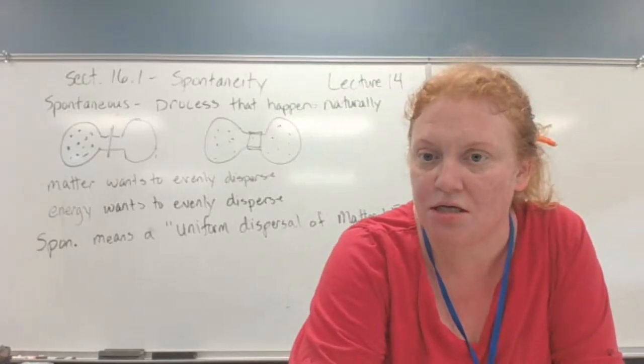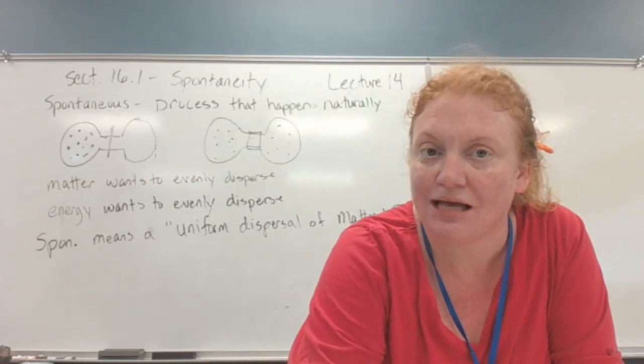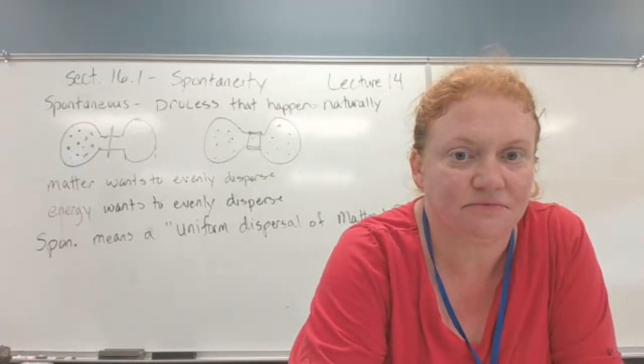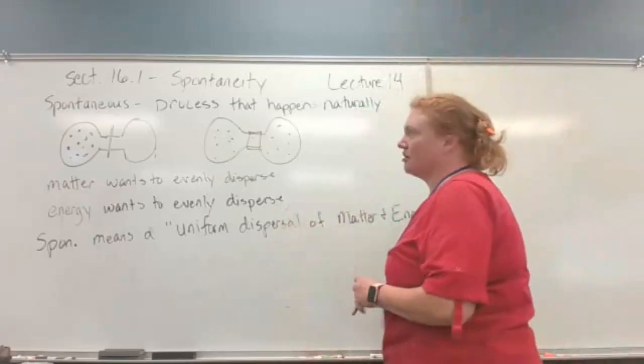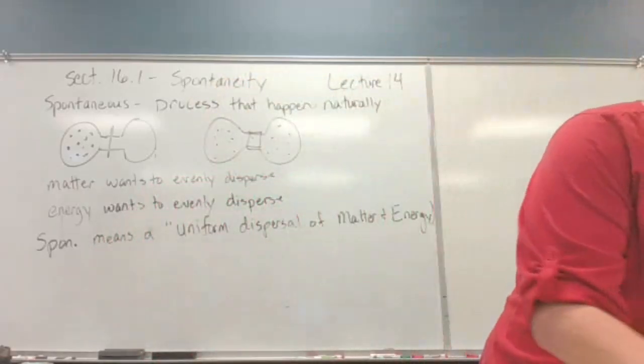So that's the end of section 1. So now we got to talk about how we measure spontaneity. How are we going to talk about spontaneity? First thing we have to learn is a brand new thermodynamic property called entropy.